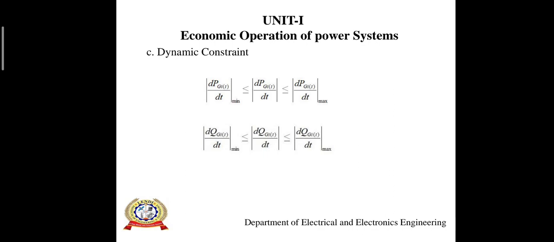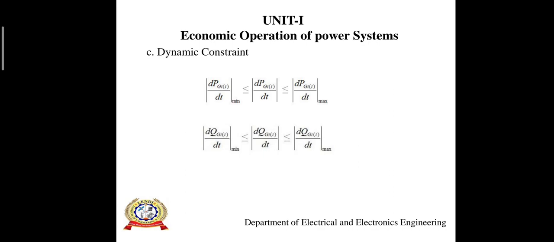So dPGi(t)/dt minimum less than or equal to dPGi(t)/dt less than or equal to dPGi(t)/dt maximum, that is, the rate of change of generation with respect to time is between the minimum and maximum limits. Similarly for reactive power generation, dQGi(t)/dt minimum less than or equal to dQGi(t)/dt less than or equal to dQGi(t)/dt maximum.